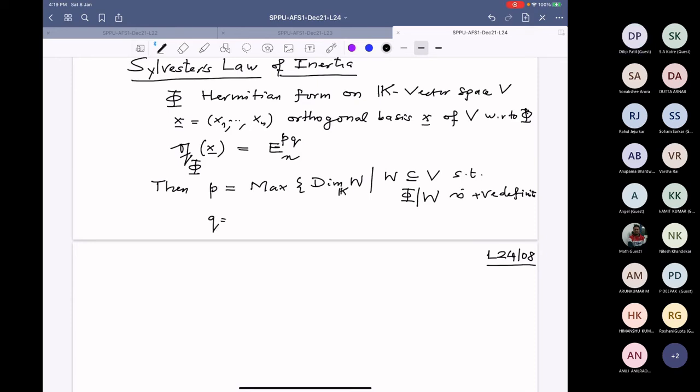And Q is the maximum dimension of W prime, a subspace of V such that phi restricted to W prime is negative definite.